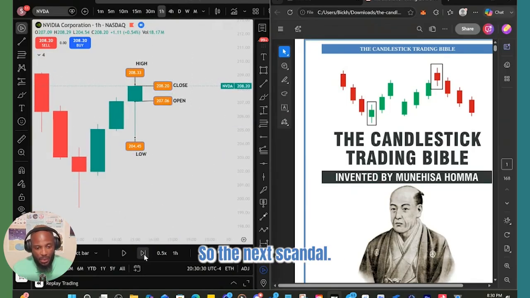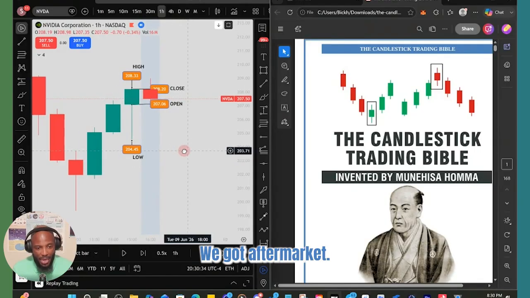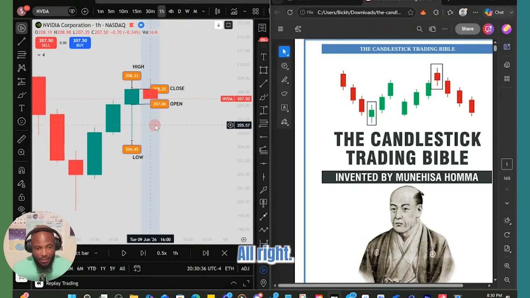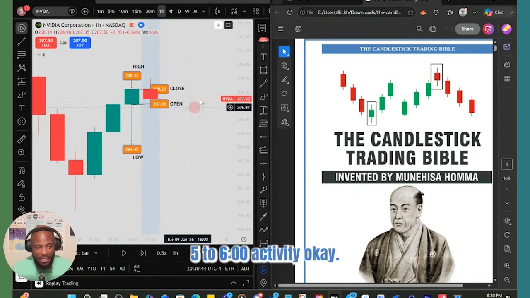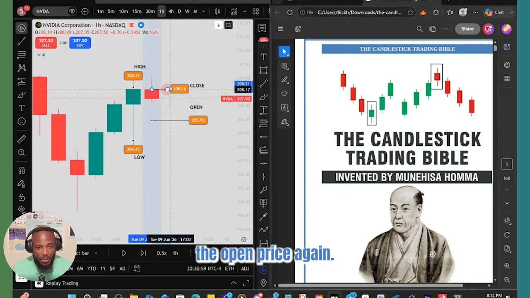All right. So the next candle, voila, we got aftermarket. This is the aftermarket activity, the 5 to 6 o'clock activity. A red candle tells us the open price.